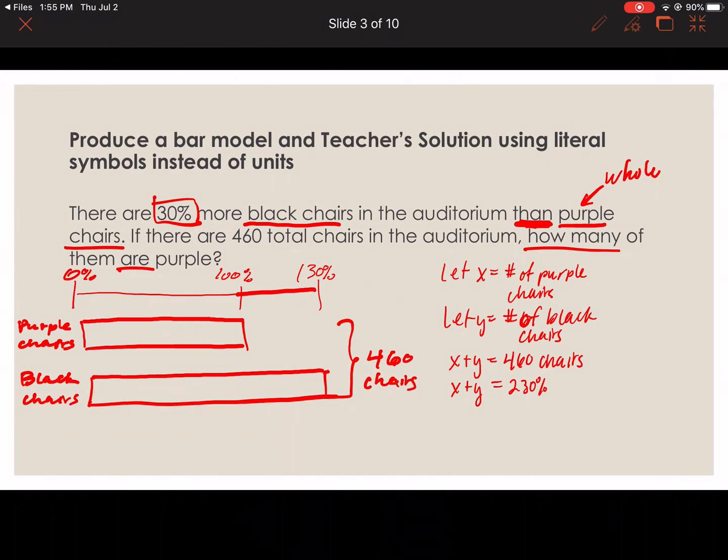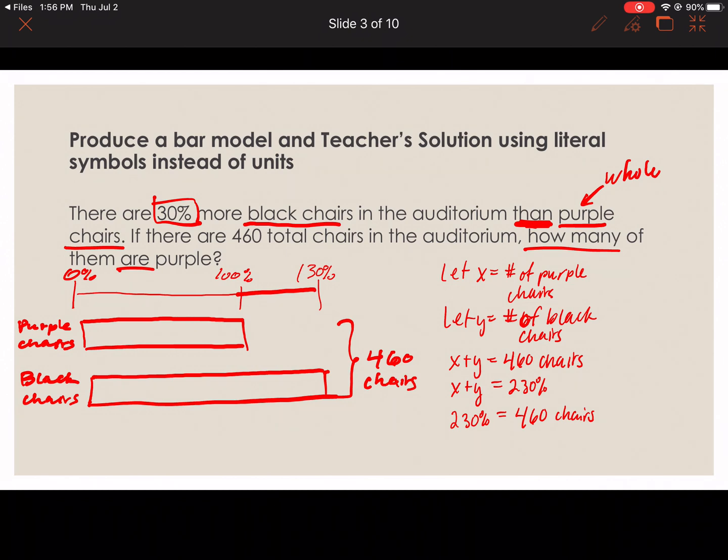If there's 100% purple chairs, how many chairs does that equal? So we need to equate the percent and the chairs. When I set variables equal to the number of purple chairs and black chairs, we add them together, we get 460 chairs and 230%. So 230% can equal 460 chairs because they both equal the same thing. So they must be equal to each other. It's called the transitive property.